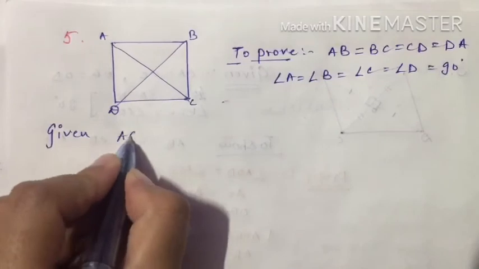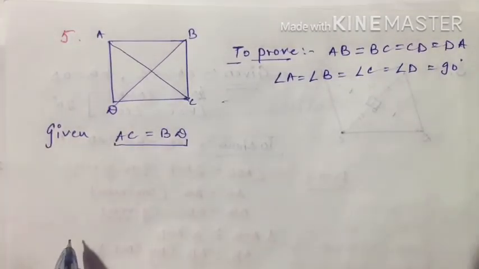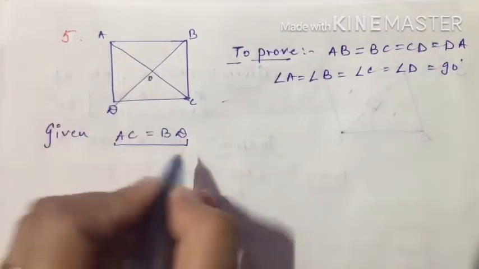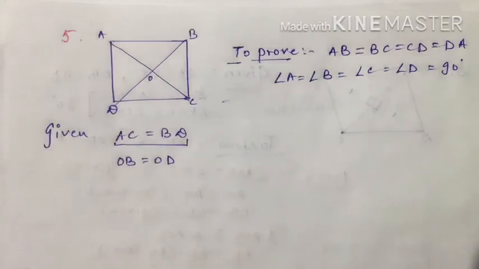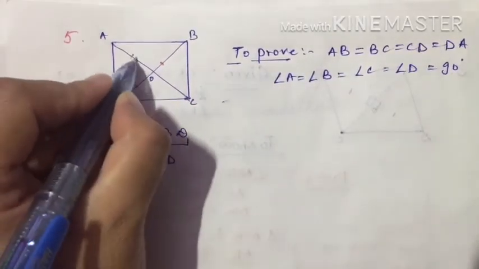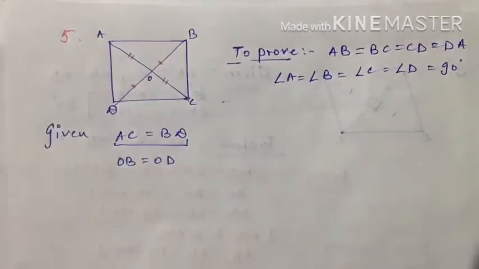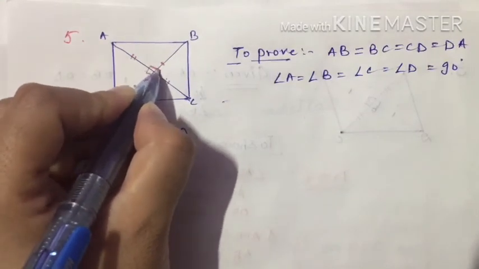This information they have given, and they are saying that OB is equal to OD. That means OB is equal to OD, OA is equal to OC, and they are bisecting each other at right angles. These angles are of 90 degrees. This information they have given.